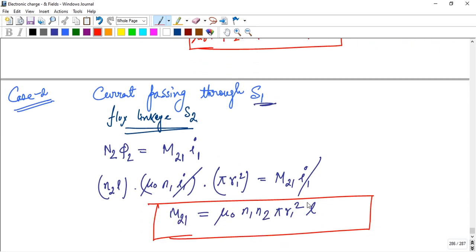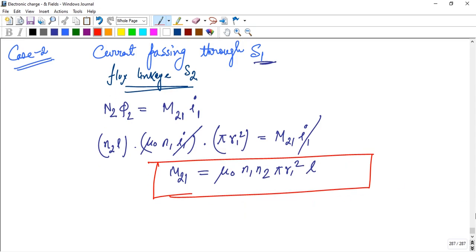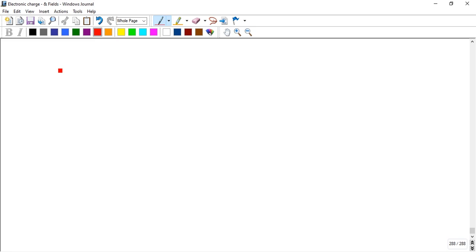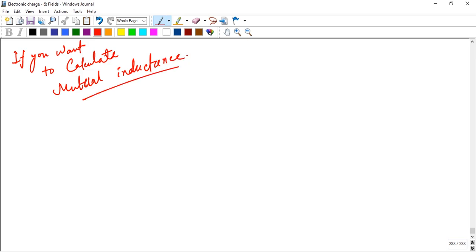If you want to calculate the mutual inductance inside the solenoid, when current passes through the outer coil it is very easy to calculate.